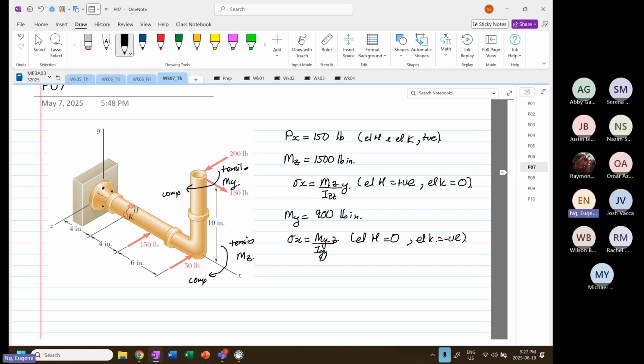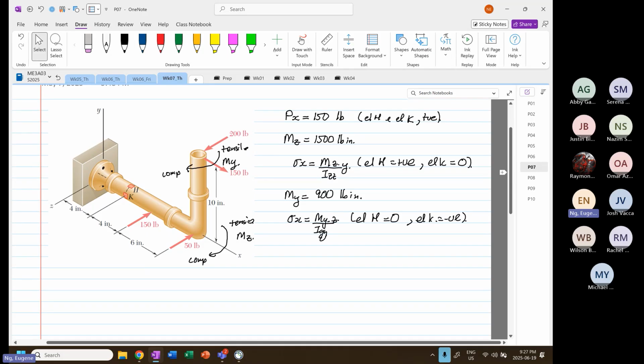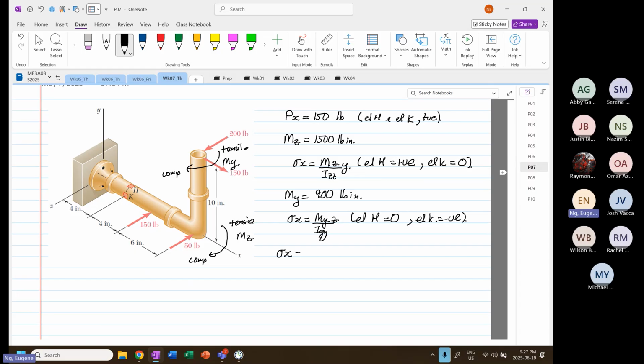So now once we have everything, the formula that we are going to apply: stress X will be equal to positive Px over A, because the Px is going to induce tension, right? Now plus minus My over Iyy multiplied by Z plus minus Mz over Izz multiplied by Y.